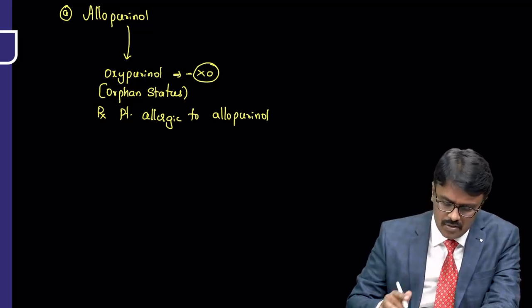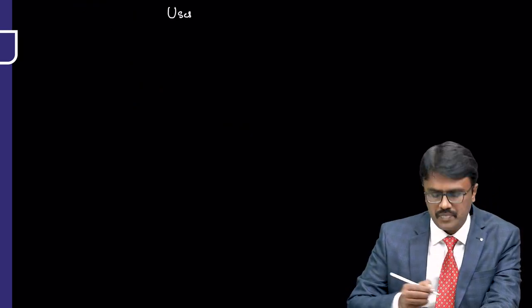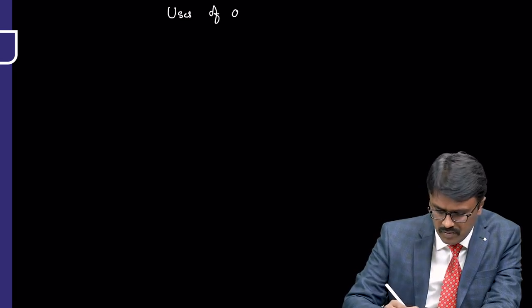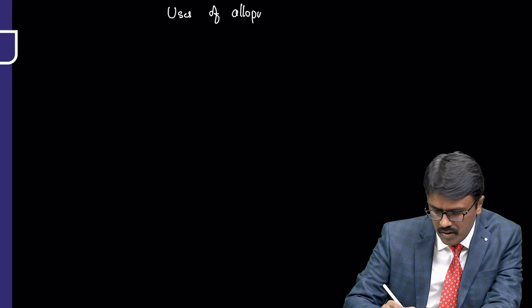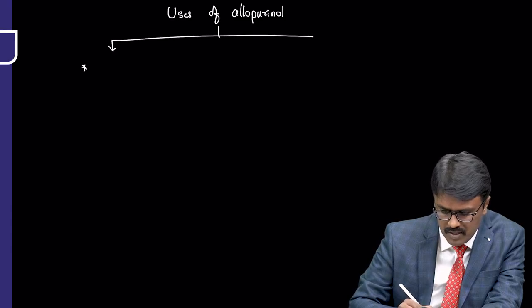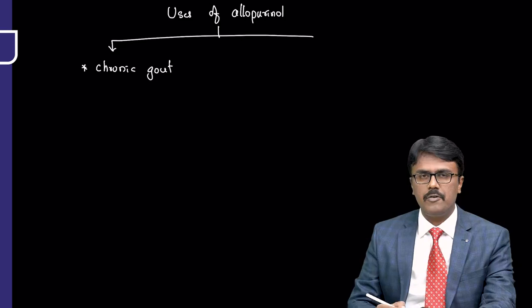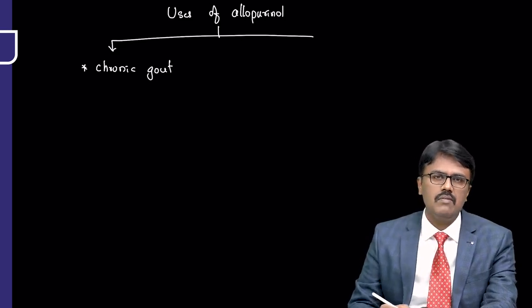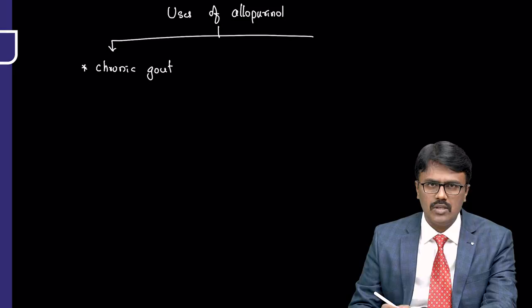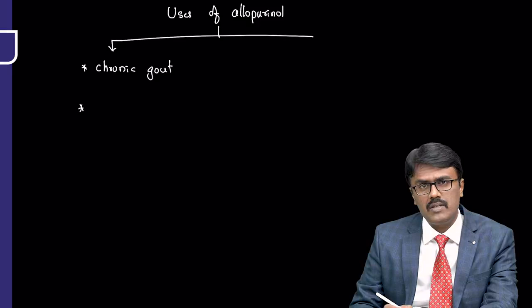Now coming on to the uses of allopurinol. Number one, obviously it is used in chronic gout. Now one more condition where the uric acid goes up in the body is when you kill so many cells. Where do you kill so many cells?